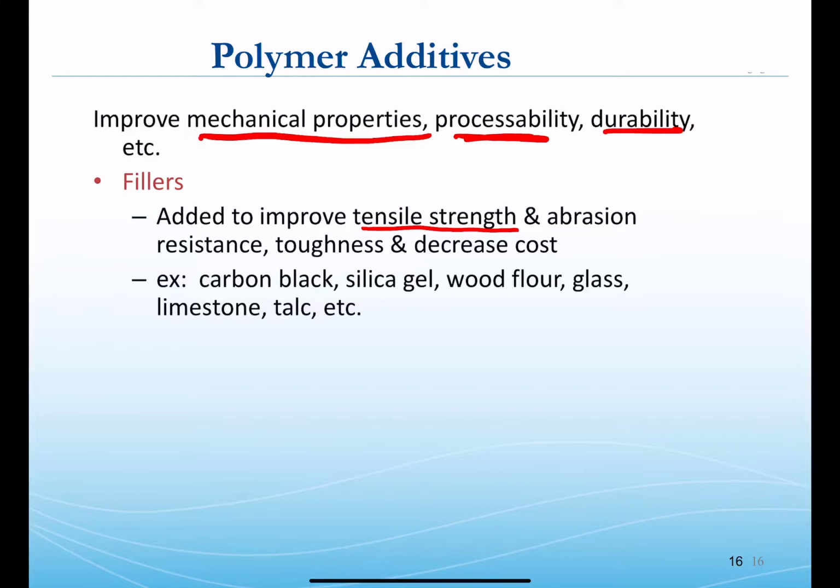They might add abrasion resistance, toughness, the area under the stress strain curve, perhaps even decrease cost if the polymer is expensive and the filler is cheaper. Some common materials to consider there are carbon black, silica, which is cousin material to sand, so quite inexpensive, wood flour, glass, limestone, even talc can be used there as fillers.